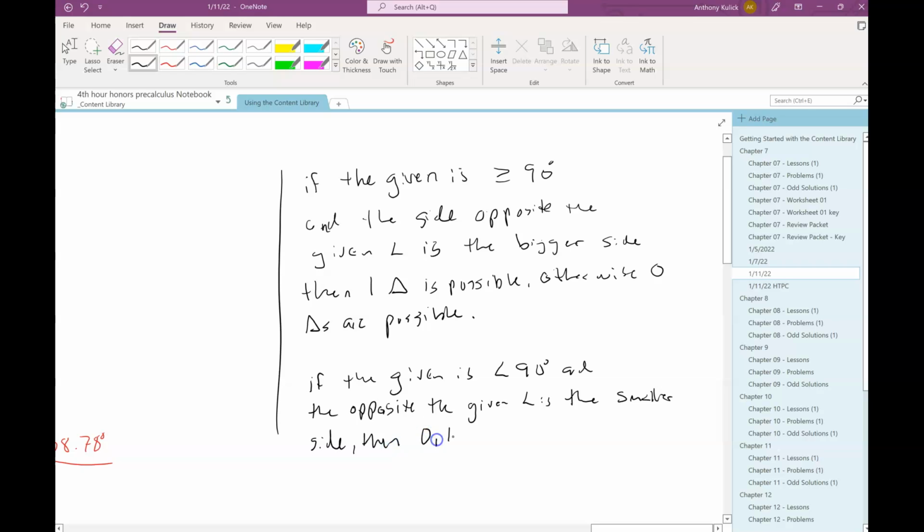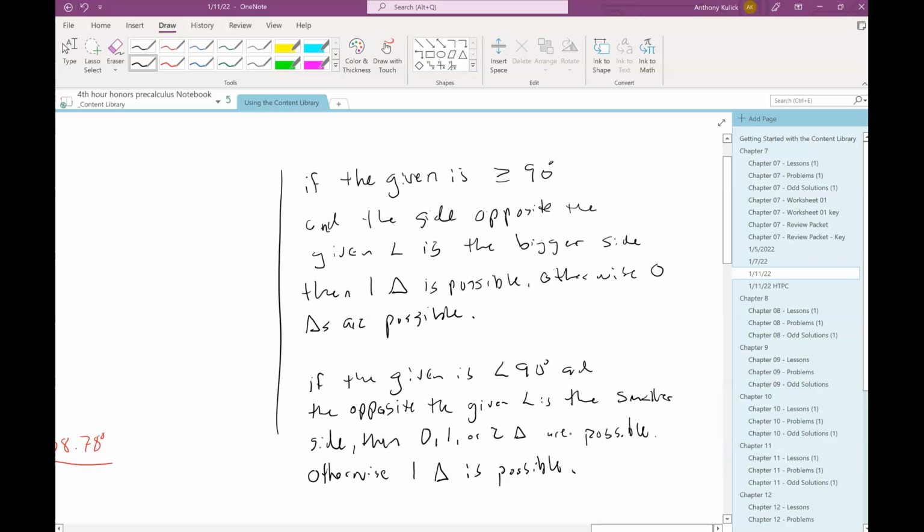Then 0, 1, or 2 triangles are possible. So you have to do that extra analysis there. Otherwise, 1 triangle is possible.